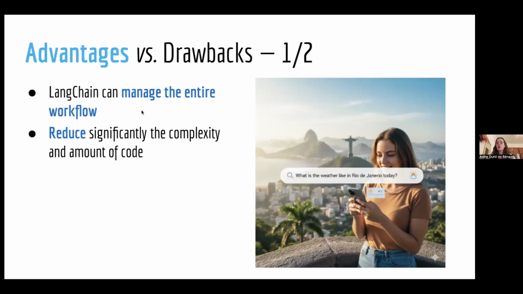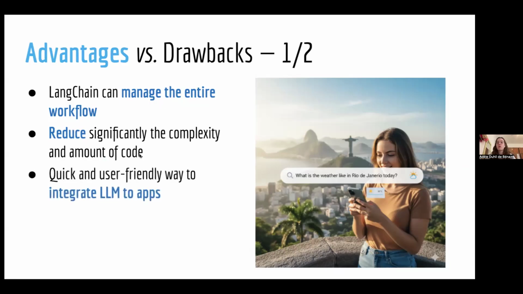And also, a developer can create this assistant in a few lines, whereas otherwise the developer often has to build the full pipeline himself. And with Langchain, it's really much easier.